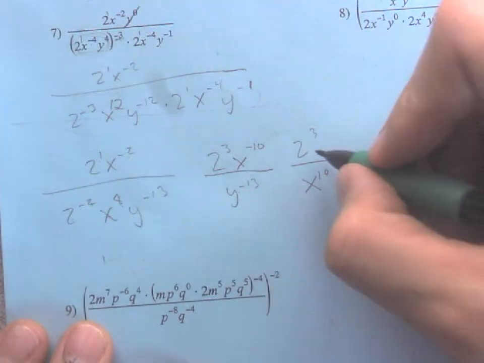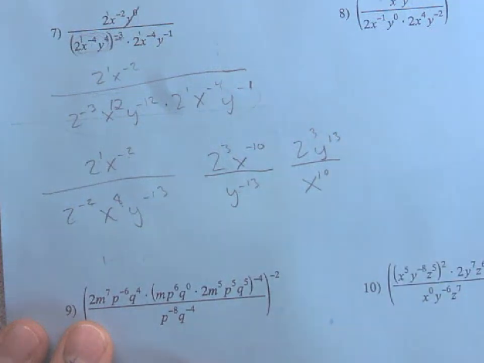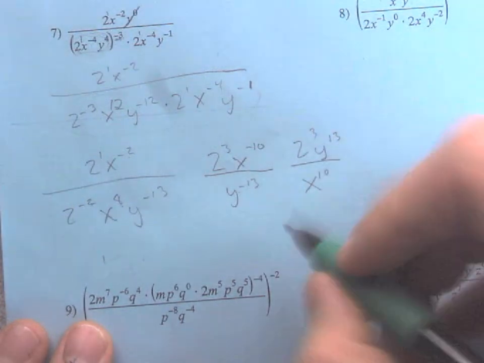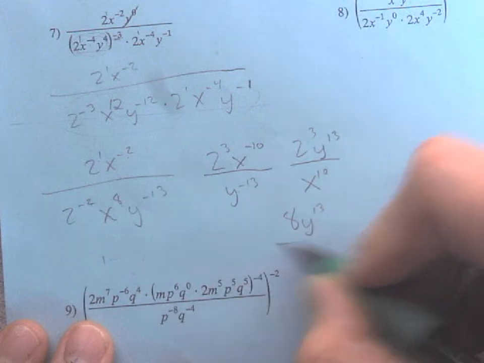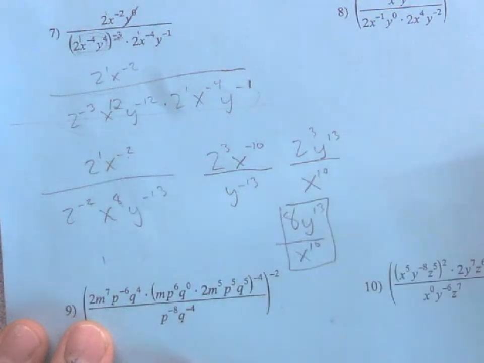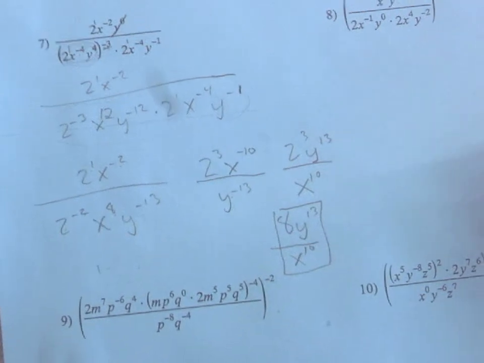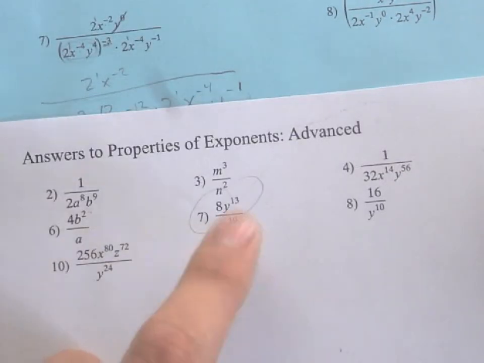Y to the negative 13 is going to come upstairs and become a y to the positive 13. Okay, 2 to the 3rd power is going to be 8, so we got 8y to the 13 over x to the 10th. All right, we'll cross our fingers, hope we did all our steps right. Looks good.